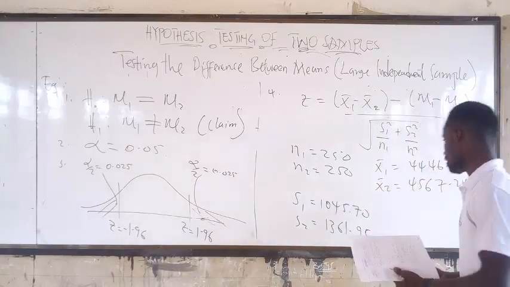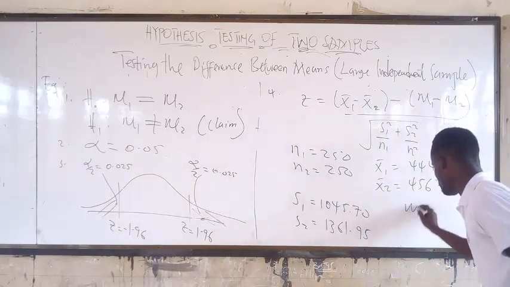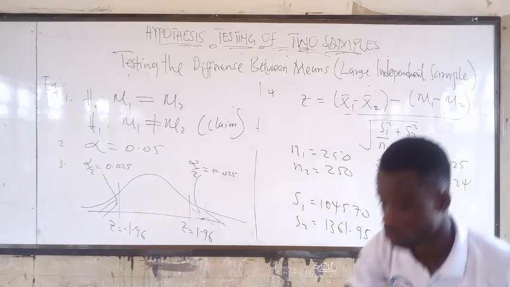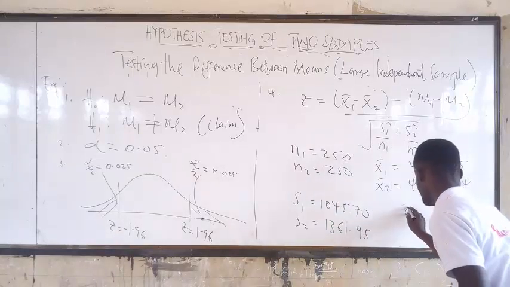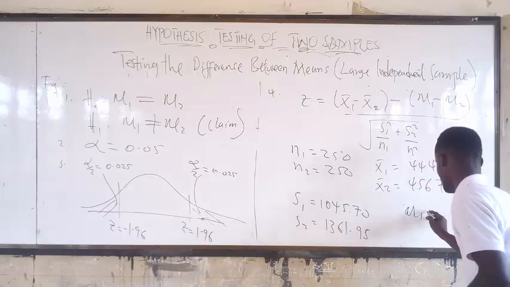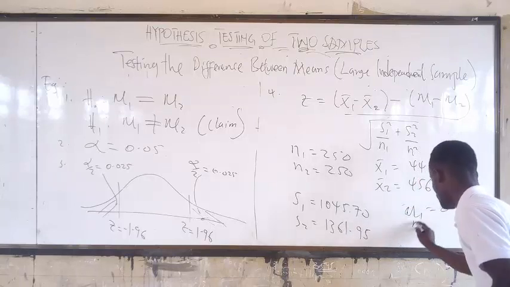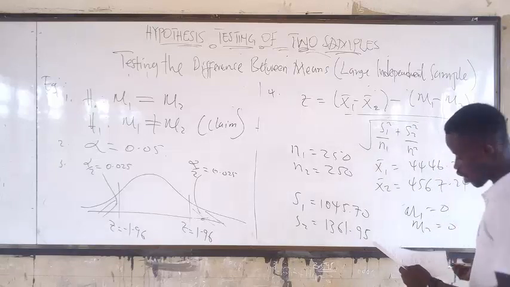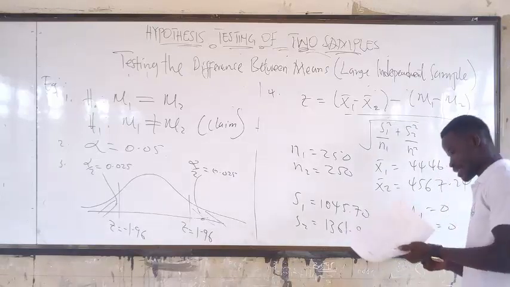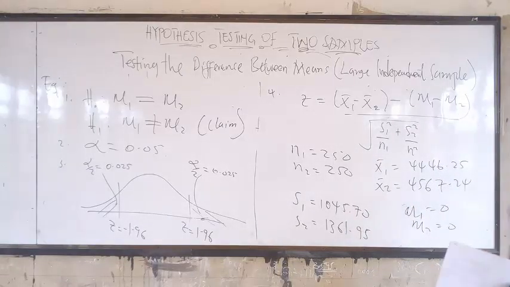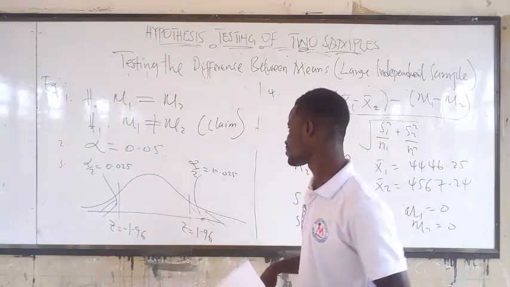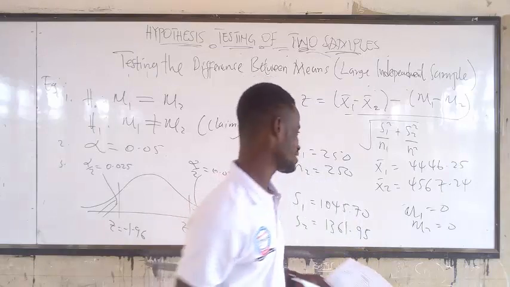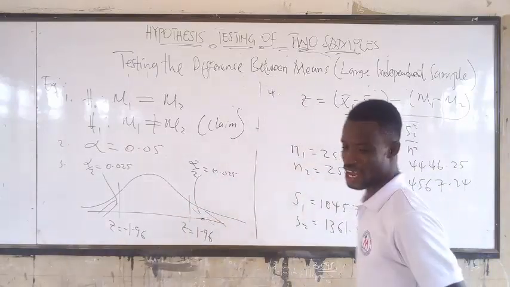So this mu1 is 0, the mu2 is 0. Do you know why? Should I tell you? Let me tell you, so that you understand it more.